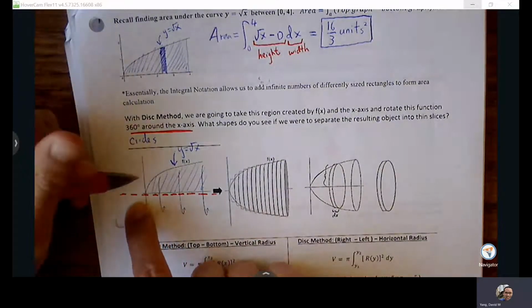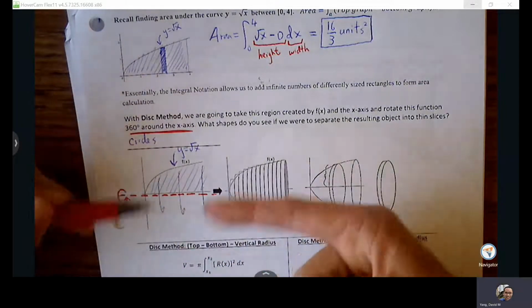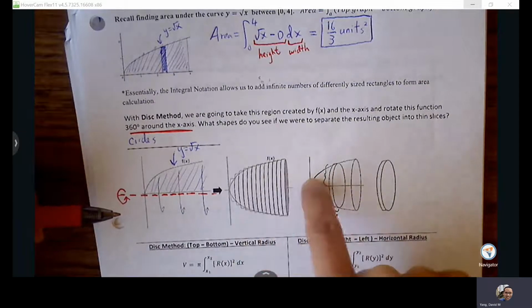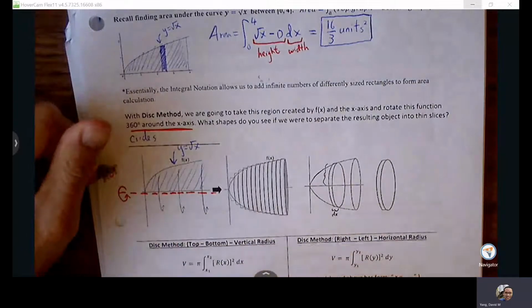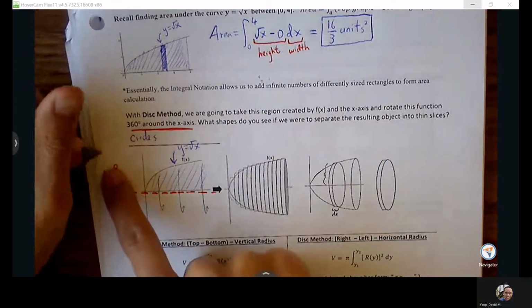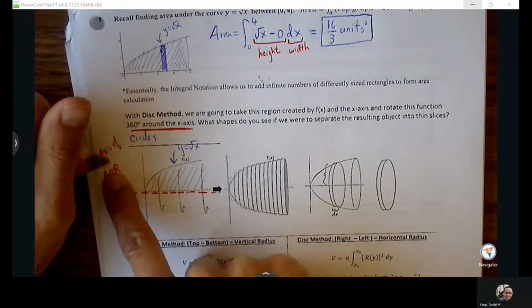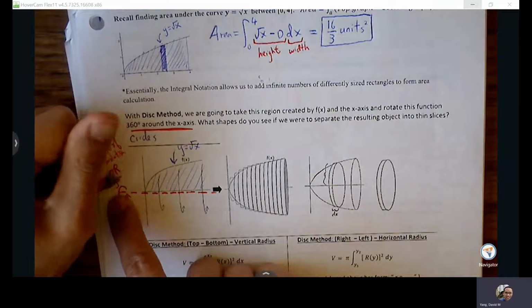We want to think of this as the new center of our object. As we rotate, you can imagine that axis is going to be right at the center of the object. AOR represents axis of revolution. And it's going to be right at that line, y equals 0.